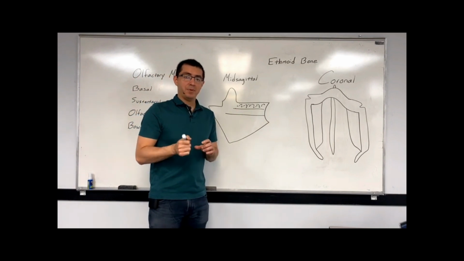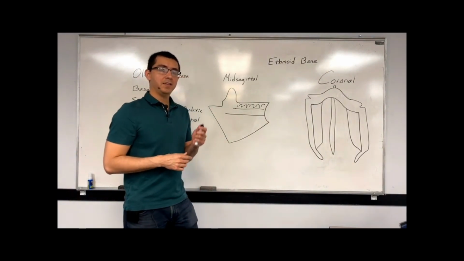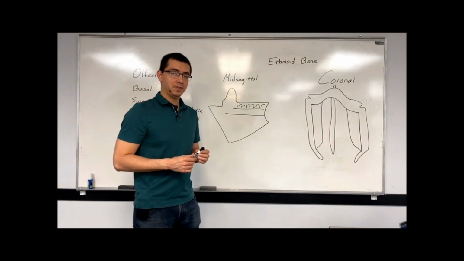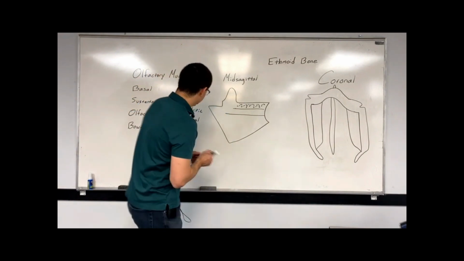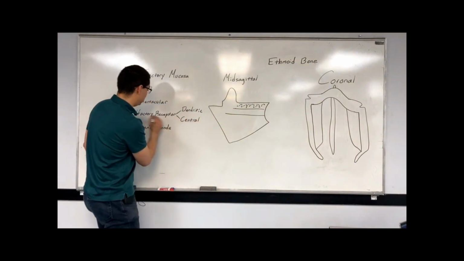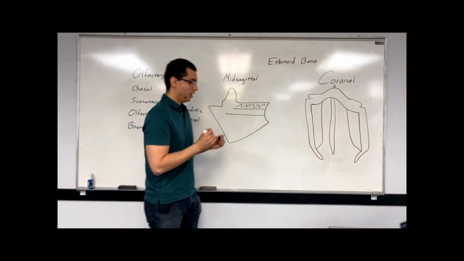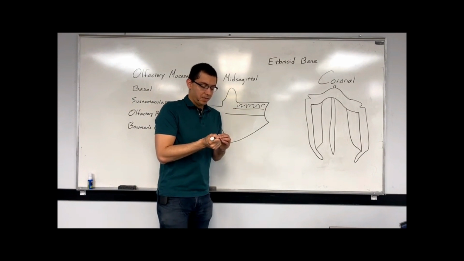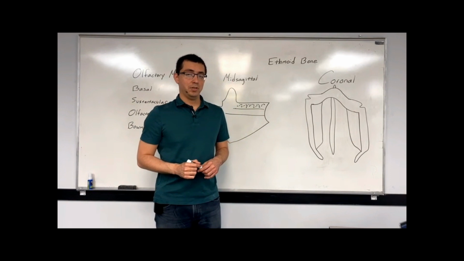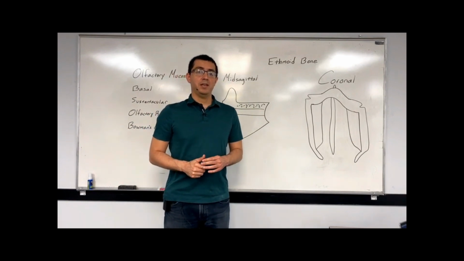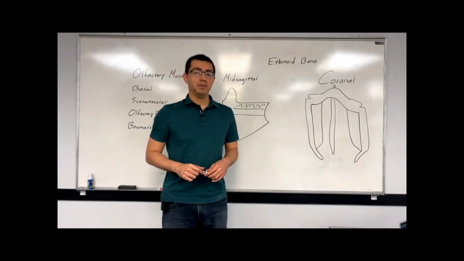Once that happens, a signal will be passed on into the cell and it will travel up past the central process of the olfactory receptor cell until it reaches the olfactory bulb. This structure is located in the anterior cranial fossa of the skull.